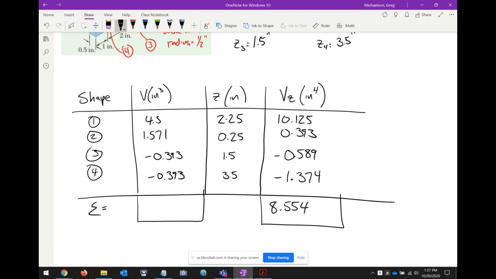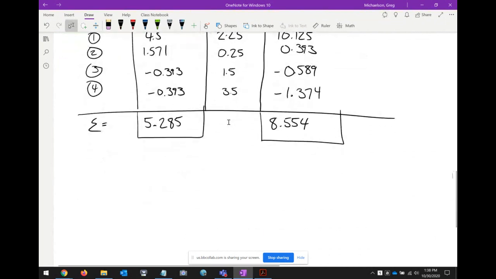And then let's see, this one. I'm getting 5.285.